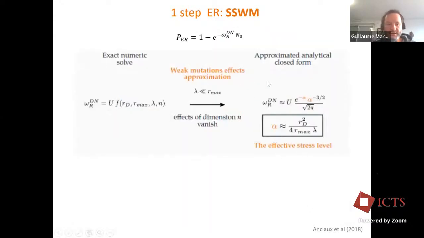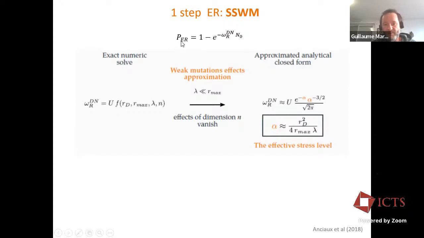And this parameter is given here. I don't go into detail, but it includes both the decay rate imposed by your particular environmental shift, the change in Rmax, the Rmax you have in this new environment, and the change in lambda, the lambda you have in the new environment. So it's accumulating all of them together.